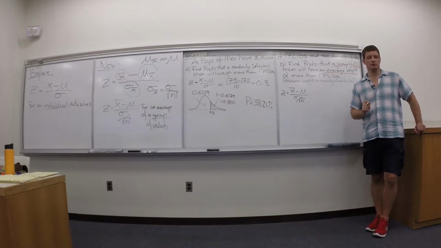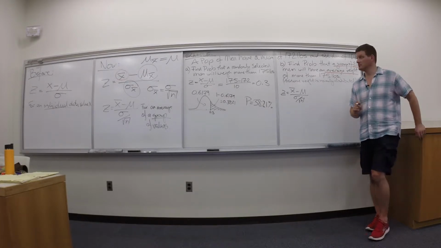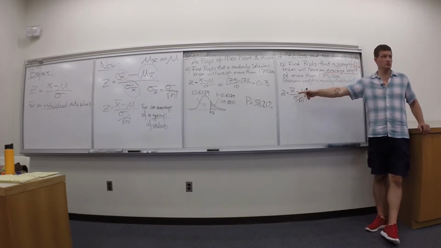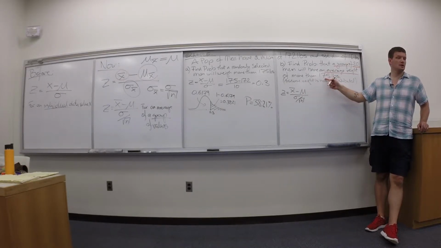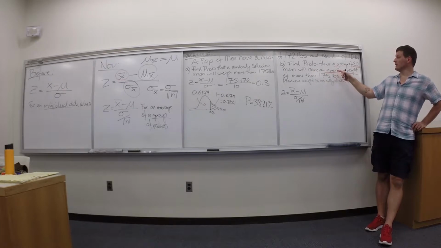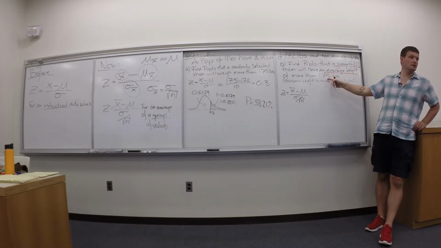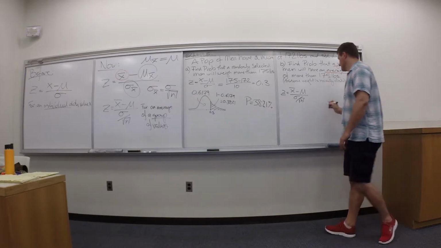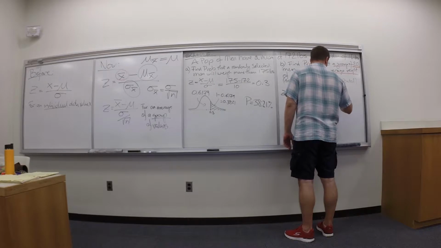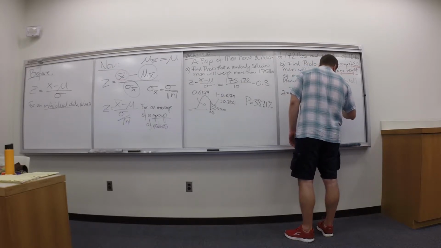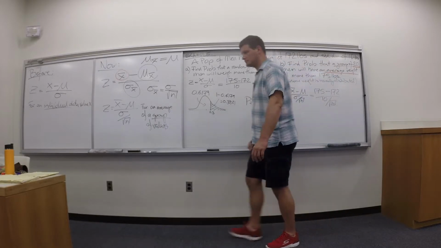We are looking for a group of 20 with an average of 175, right? So x bar is 175. Mu is 172. Standard deviation is 10, and the size of the sample is 20.